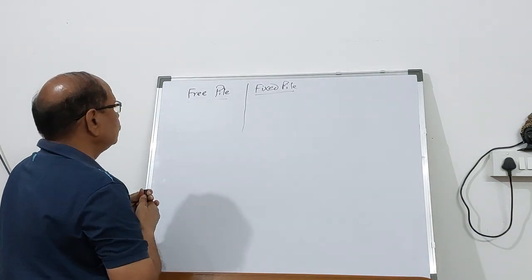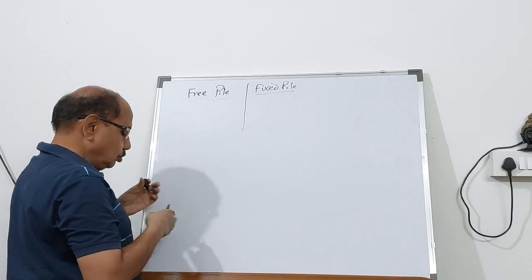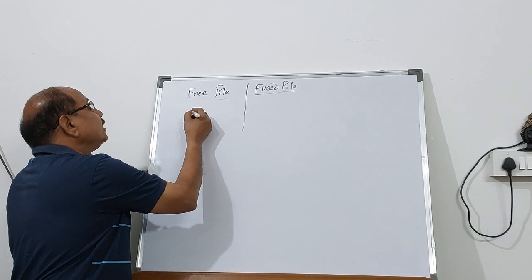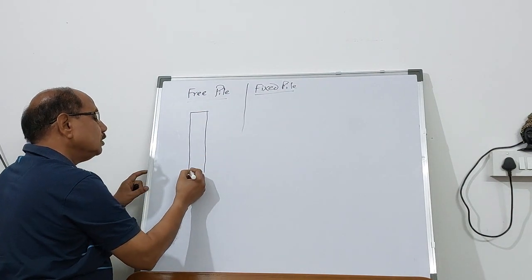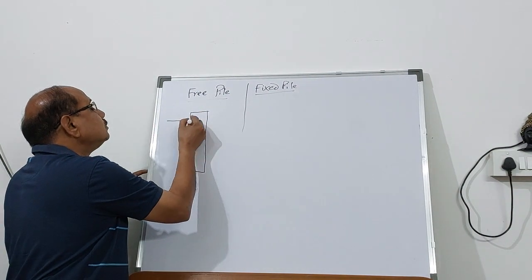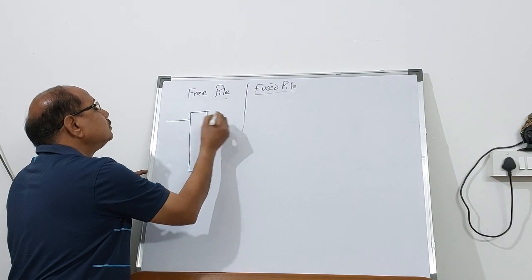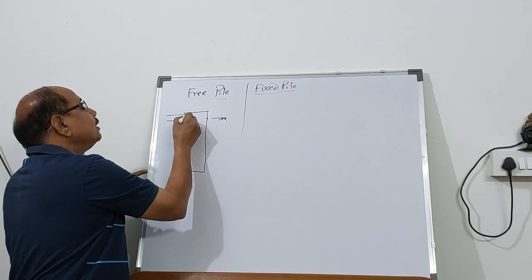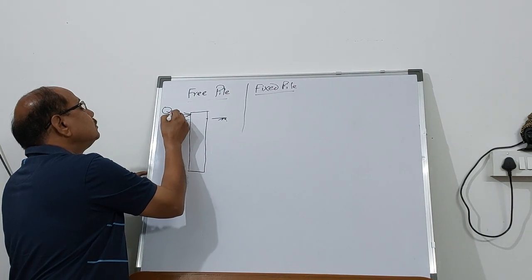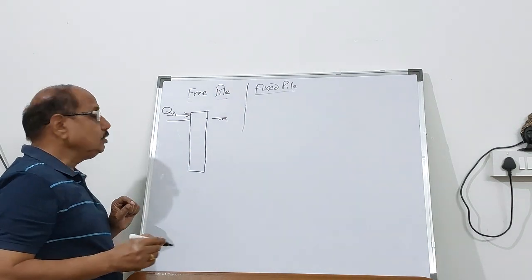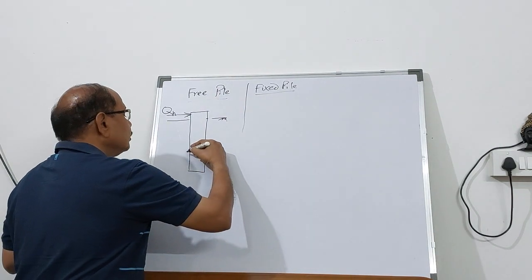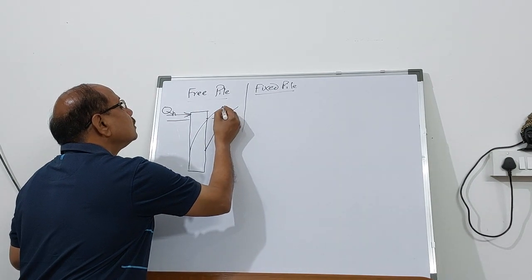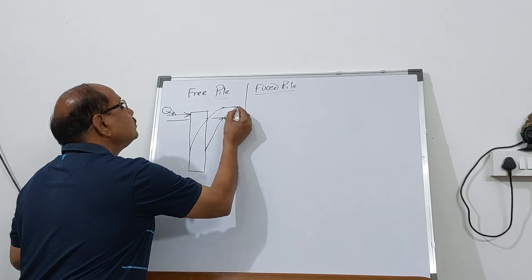If you have a pile embedded into the ground, say this is the pile, this pile is embedded into the ground. So if you apply a lateral load or horizontal load, it is going to deflect like this, with the deflected pattern of the pile.